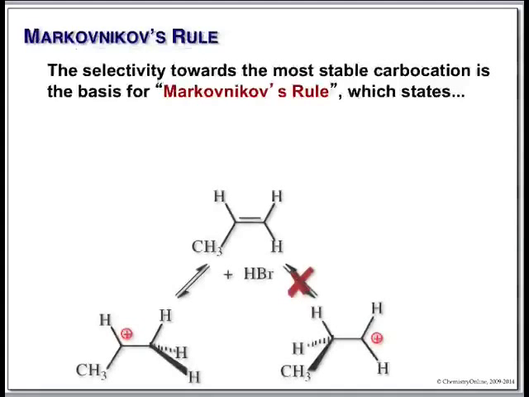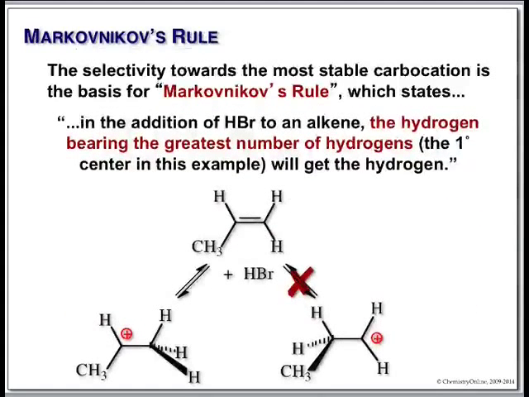This is Markovnikov's rule. Now, as I mentioned, Markovnikov was a Russian chemist, and he was studying these things, and he observed, very empirically, addition of HBr to an alkene. The carbon with the greatest number of hydrogens will get the hydrogen.